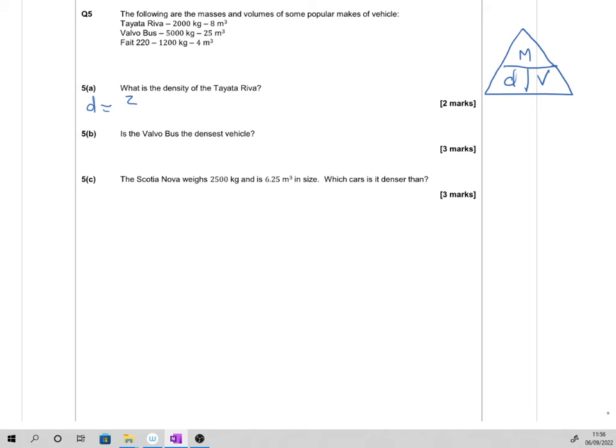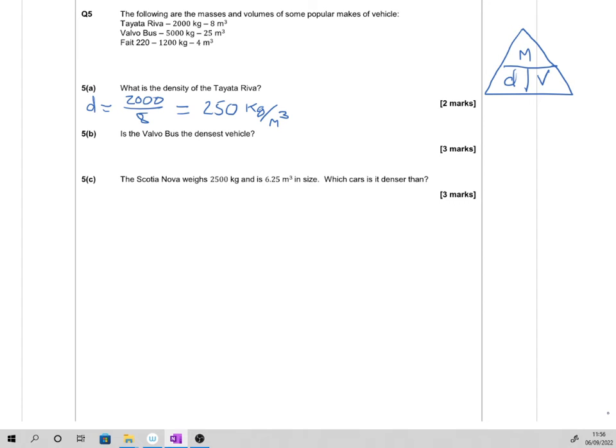So it's 2,000 divided by 8, which is 250 kilograms per meter cubed.